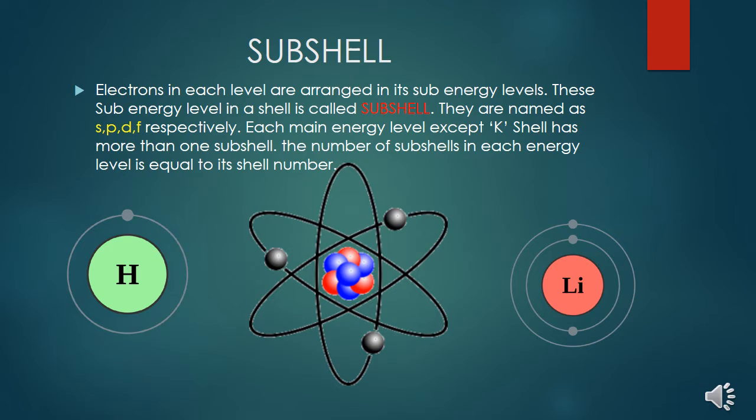In the case of lithium, the first energy level is K, and there are 2 electrons in the K shell. So both electrons lie in the S subshell of the K energy level. And look at the second energy level, which is called the L energy level. There is only one electron, which lies in the S subshell of the L main energy level.